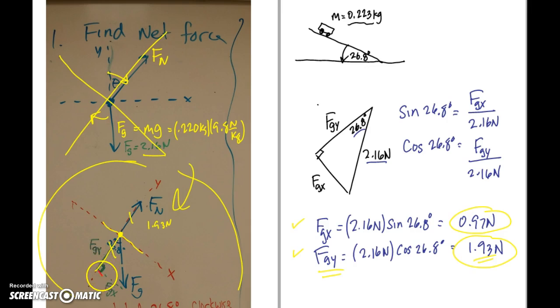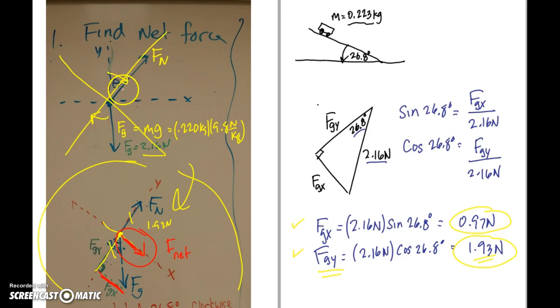Now, the x component, what is that? That is this, I'm going to do red here, this component right here, and that's parallel to the x-axis. In fact, this is not canceled out by anything, so it's the only force vector left, and this is the net force in this situation.